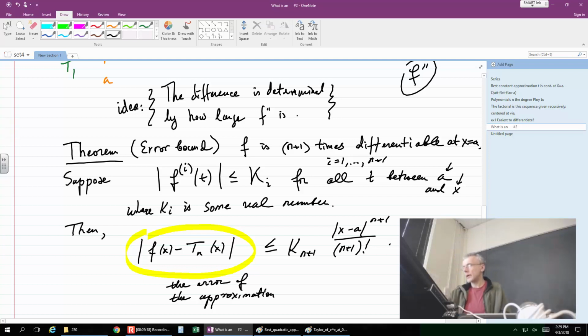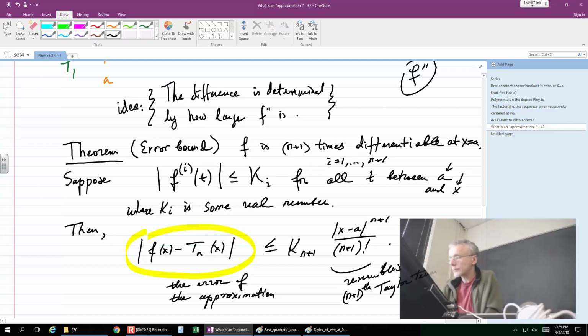So a little bit complicated formula, but really I want you to see that it resembles the n plus first Taylor term of the Taylor polynomial. So remember, (x − a) to the n plus first degree divided by n plus 1 factorial. That's the n plus 1 term.